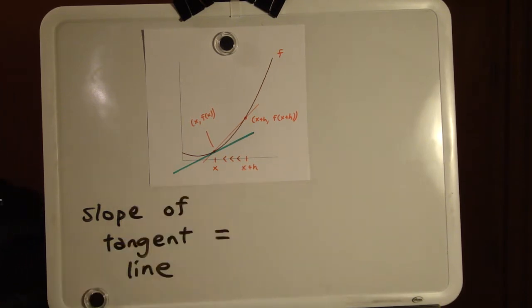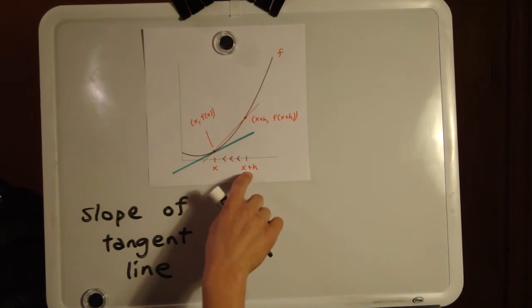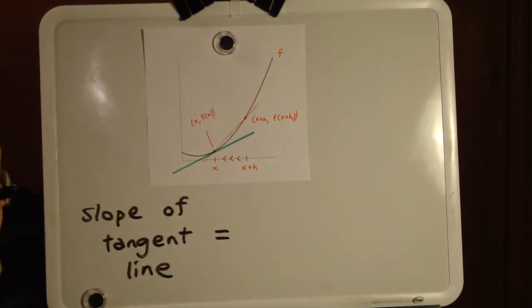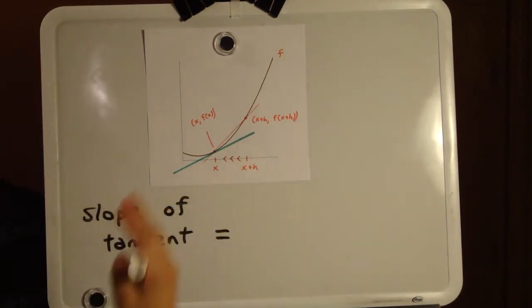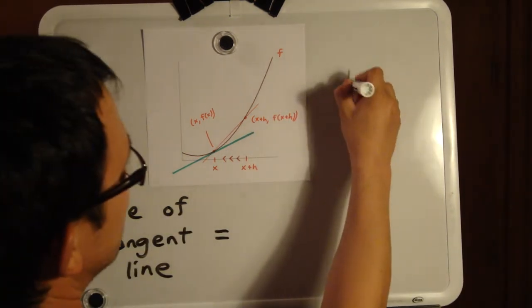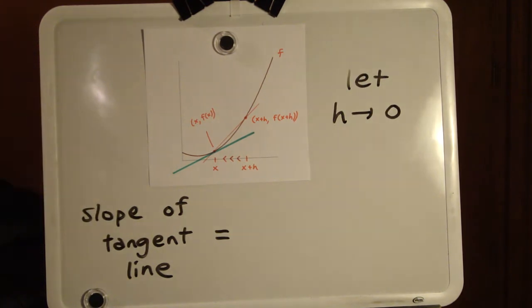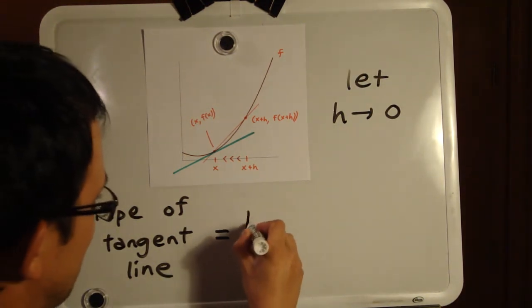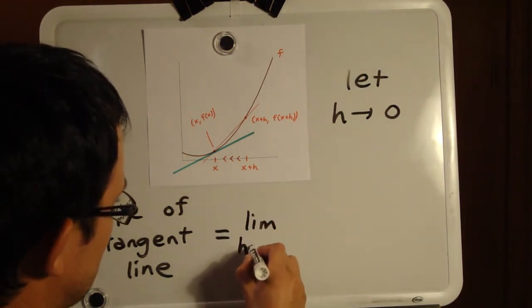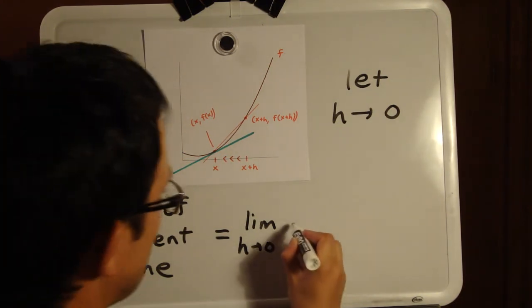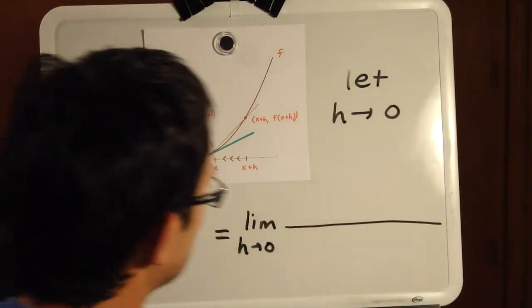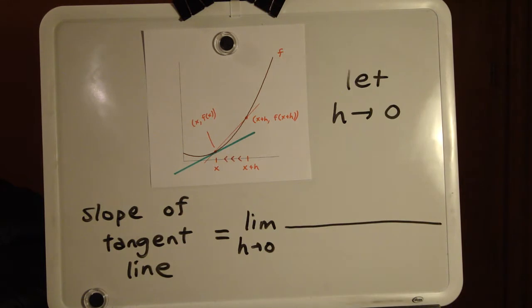But you can see in the diagram, we're letting the second point coincide with the first. So in essence, we're letting h get smaller and smaller. We can indicate it this way: we're going to let h travel to 0. So we have a limit here, the limit as h goes to 0. And we're going to have the plain old slope, the change in y over the change in x.